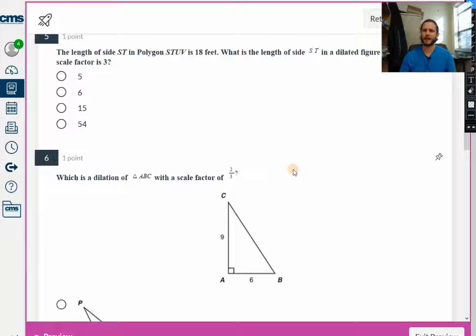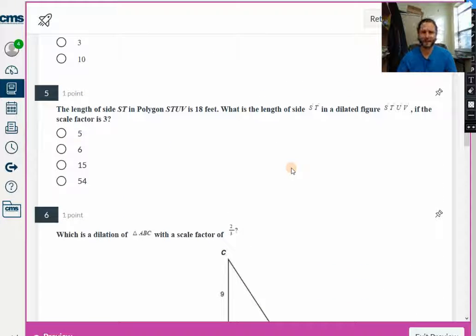For number 5, I think you are getting the picture here that a lot of these questions were scale factor problems. So if these are the problems you were having trouble on, definitely make sure that you're writing down exactly what you were supposed to do for these. For number 5, it tells us the length of side ST is 18 feet.